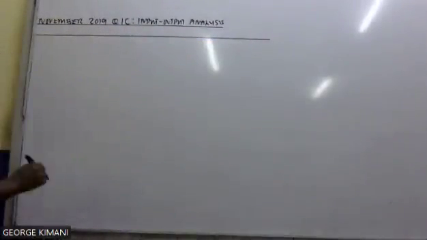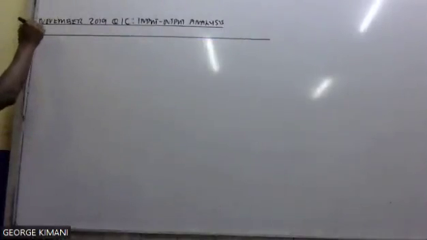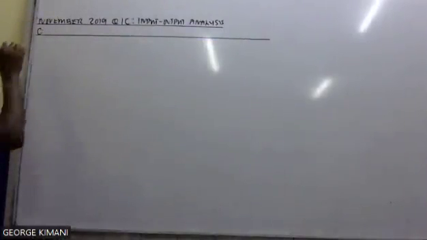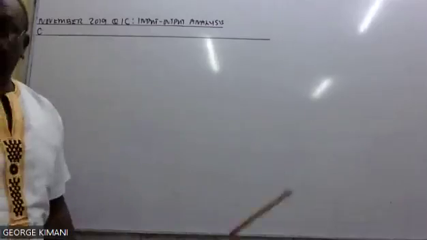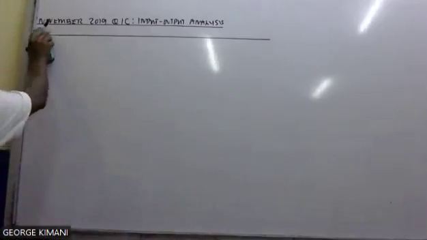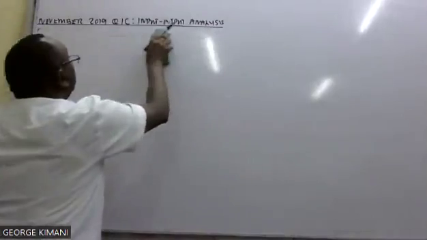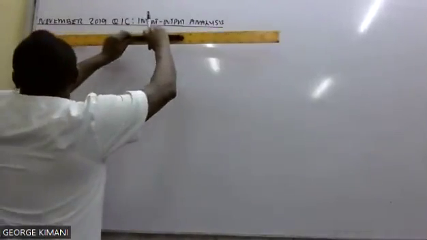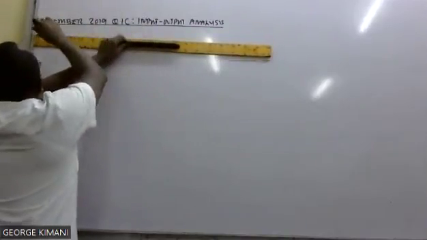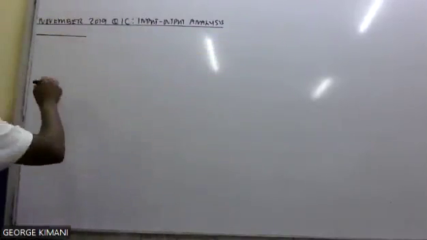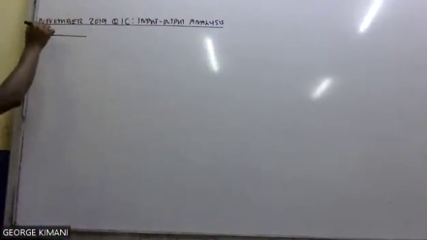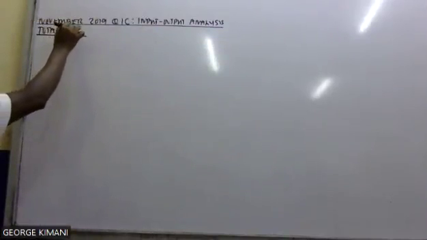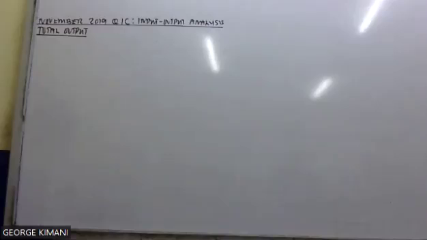Now I want us to start by preparing a table. But before you draw that table, when you're told to look for total output, there are two formulas that are used.